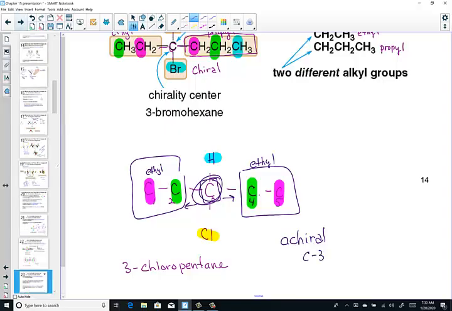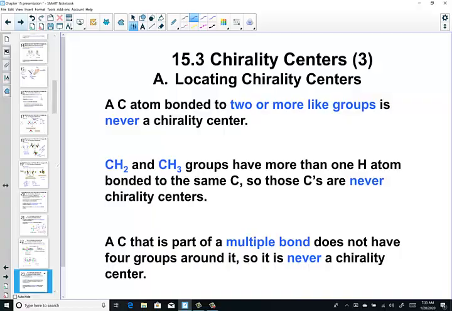I must have 4 unique attachments. So a carbon atom that's bonded to 2 or more like groups is never a chiral center. CH2 and CH3 groups have more than 1 hydrogen atom bonded to the same carbon, so they're never chiral centers.